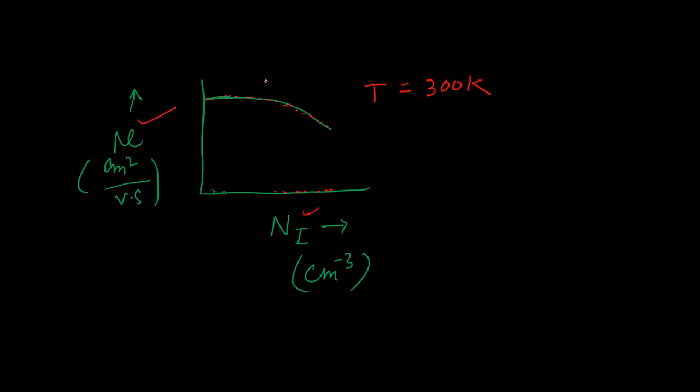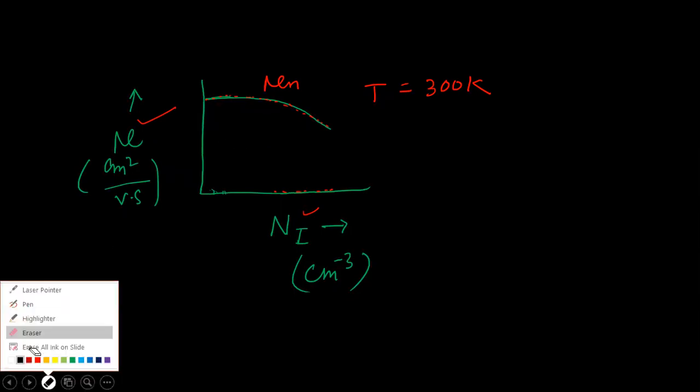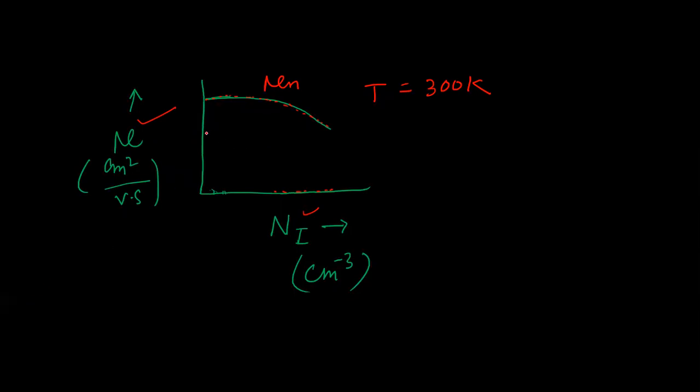This is the graph for mu n, and for mu p, the hole mobility, it is a little different, a little steeper than the mu n graph. It goes like this, and then there is a little more gap.